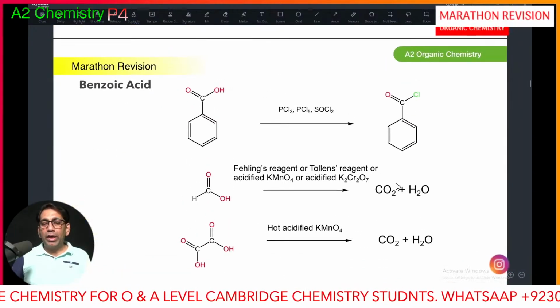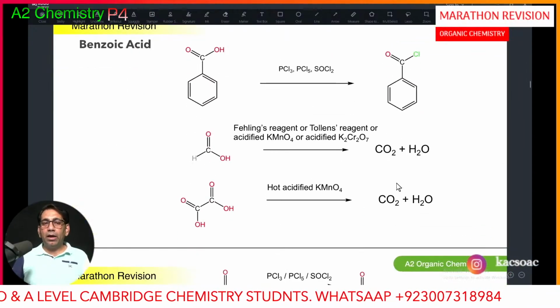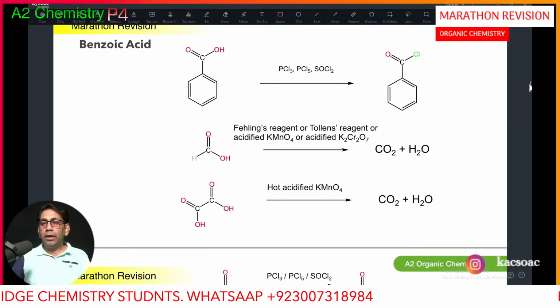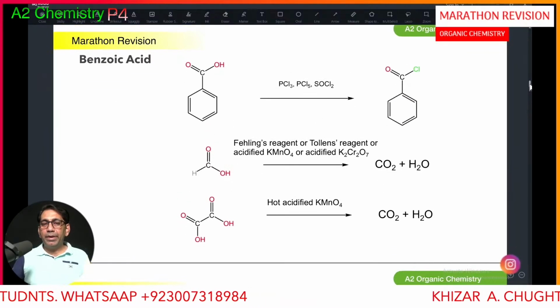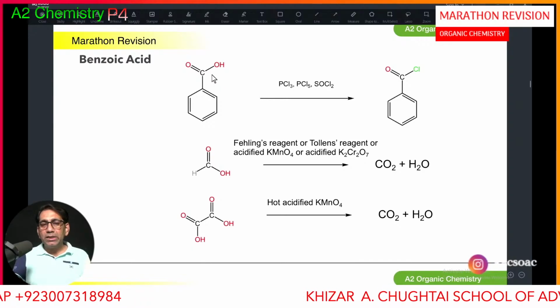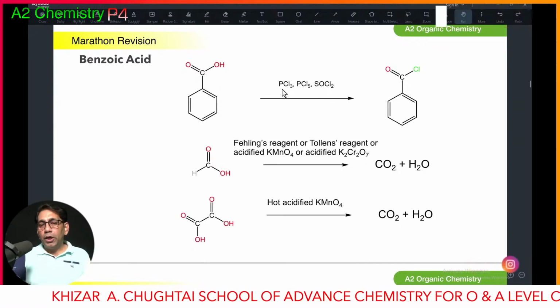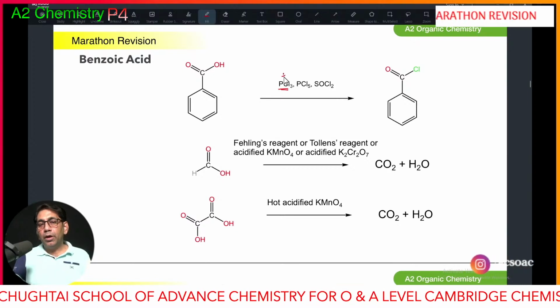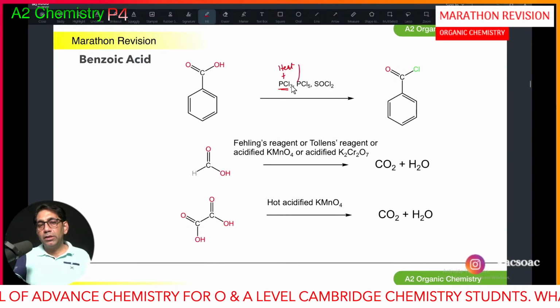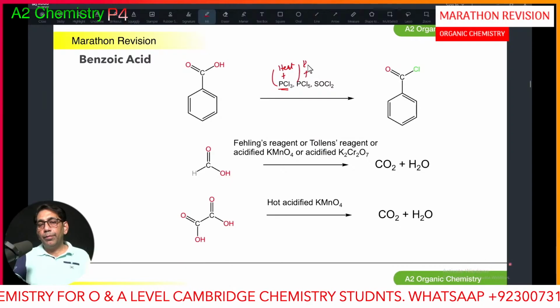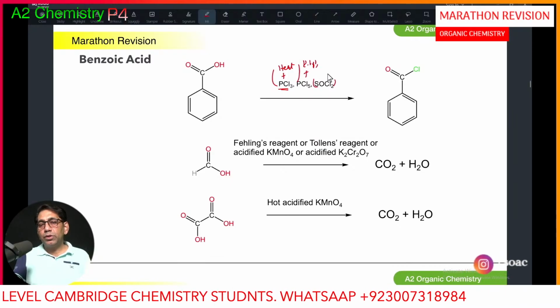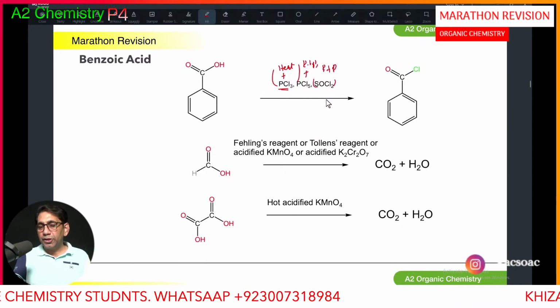Now benzoic acid can react in different ways. This reaction is basically from AS chemistry. You can introduce PCl3 with heat, PCl5 at RTP, or SOCl2, again at room temperature and pressure.